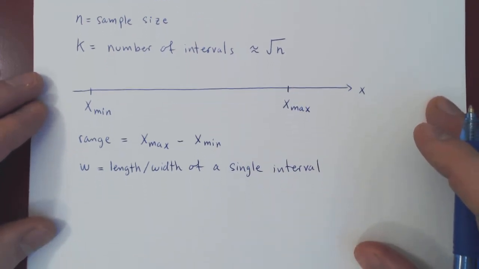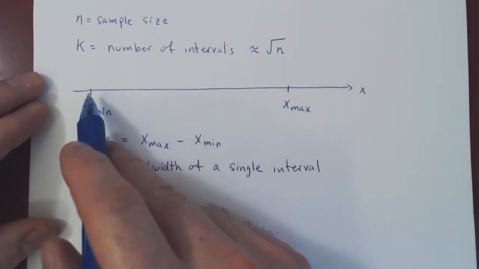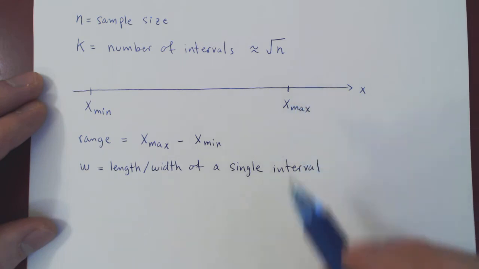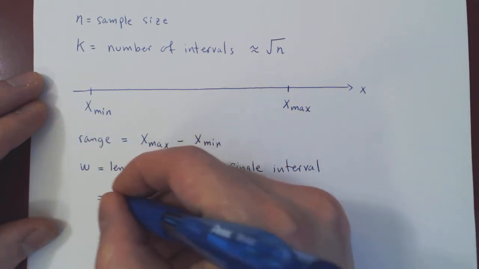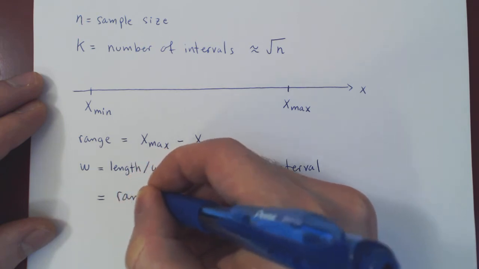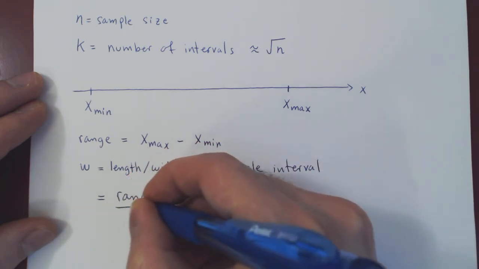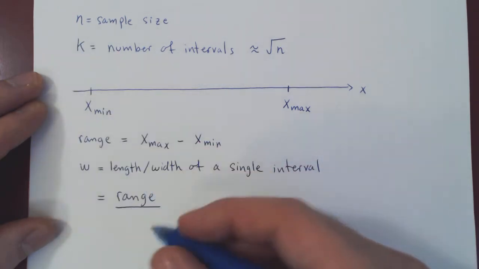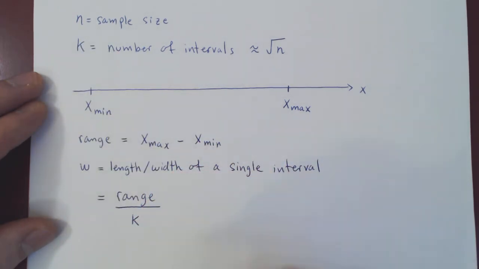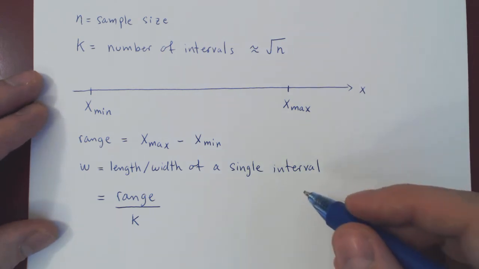We want to subdivide the longer interval, whose total length is the range, into k intervals of equal length. And so each interval will have width, length, the range divided by k. And that's it.